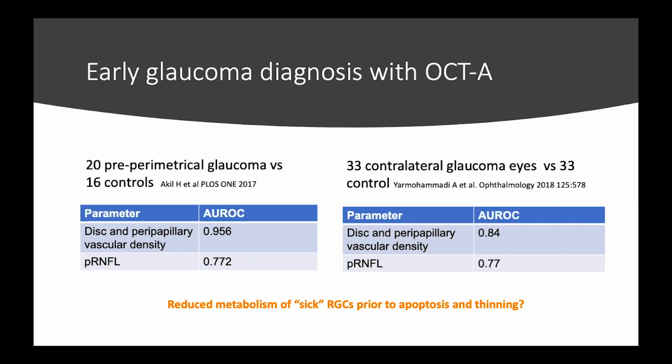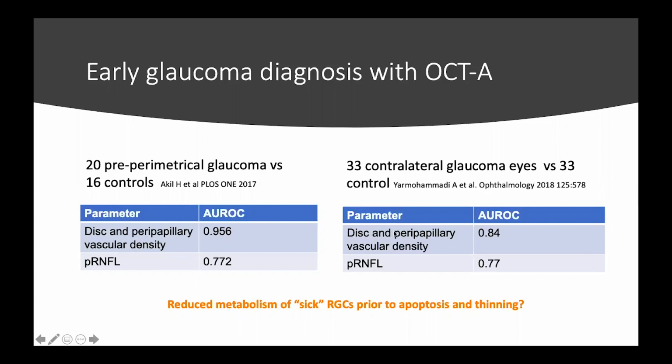But interestingly, in some studies with preperimetric glaucoma and controls, they found that the density of the vessels around the papilla had the highest sensitivity and specificity detecting early glaucoma when compared to retinal nerve fiber layer around the papilla. That's very interesting.